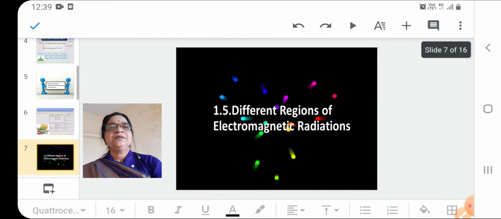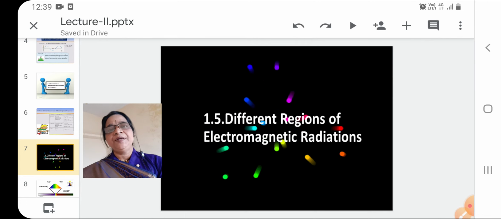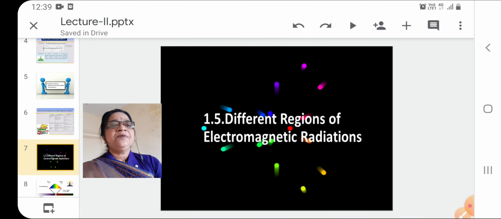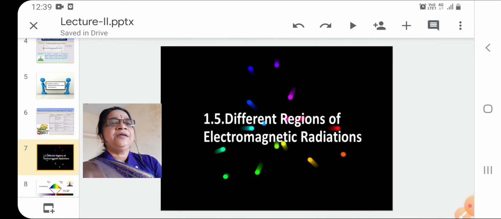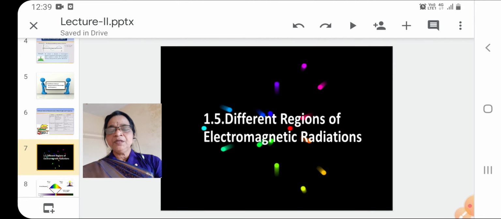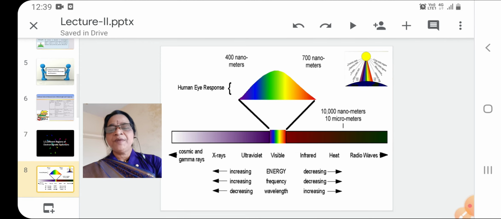Now these are the units of measurement for the wave parameters. Now we will see the next point, the different regions of electromagnetic radiation. Here, see this electromagnetic spectrum.